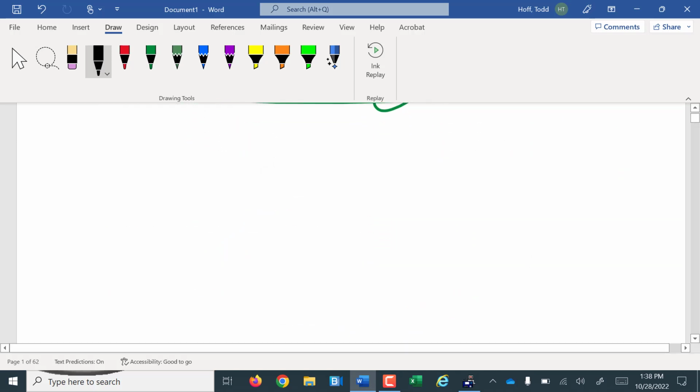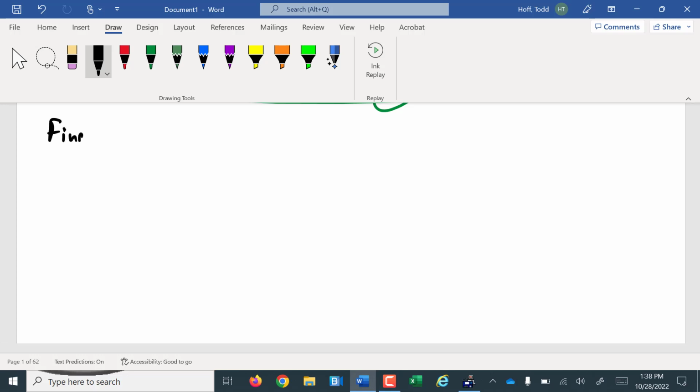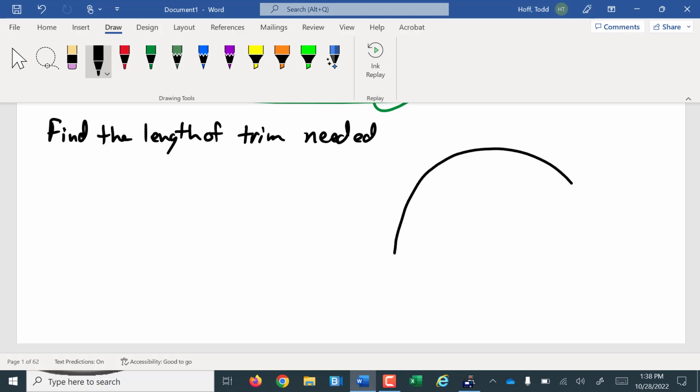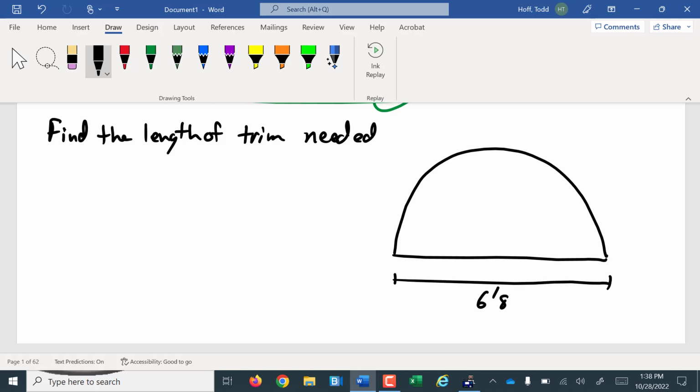Let's go with a slightly more difficult problem. We're going to find the length of trim needed. Pretend that looks like a half circle. This diameter is 6 feet 8 inches.